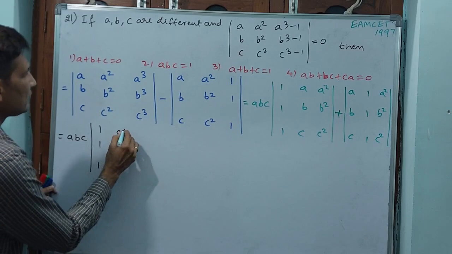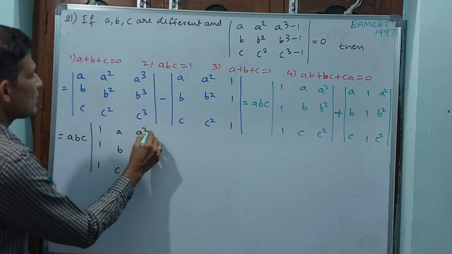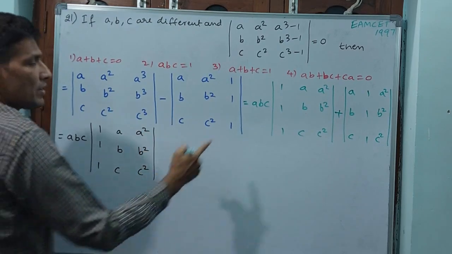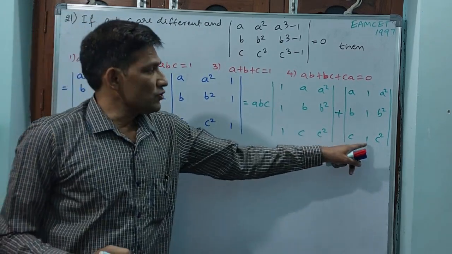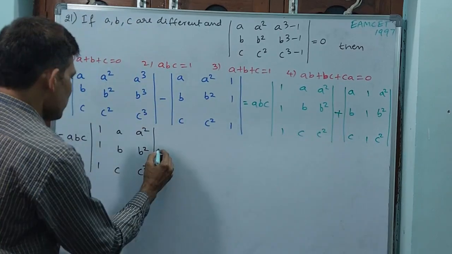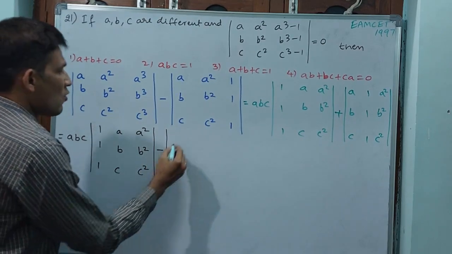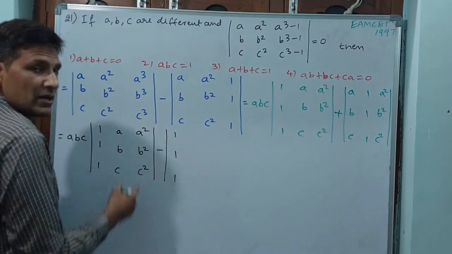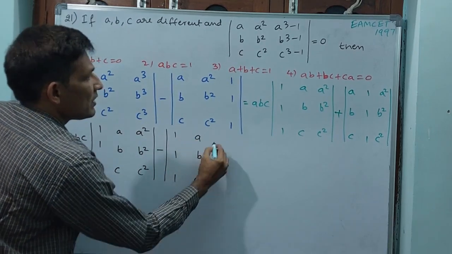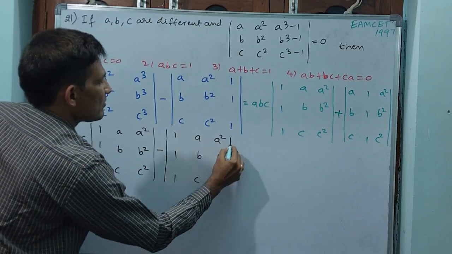A, B, C; A square, B square, C square. Now, these two columns I am interchanging means you have to keep minus again. Already plus is there, so I keep minus. Now 1, 1, 1 will come in column 1, A, B, C will go in column 2, and A square, B square, C square is already there in column 3.